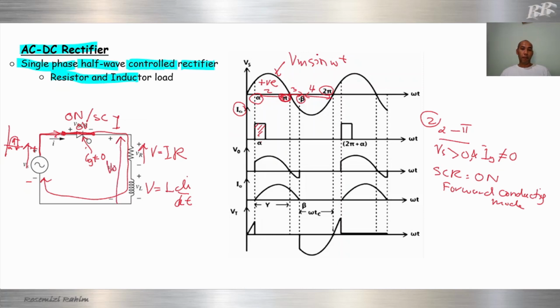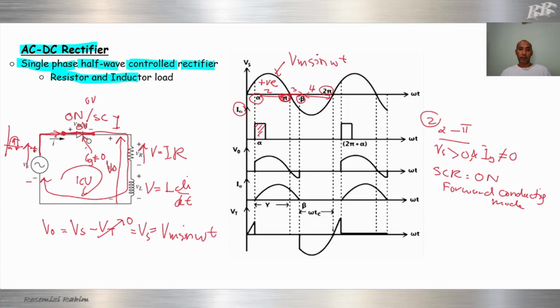V out. We know that for short circuit here, 0 volt here. So using KVL, V out equal to V source minus V thyristor. V thyristor is 0 due to short circuit. So V out will be equal to Vs equal to Vm sine omega t.